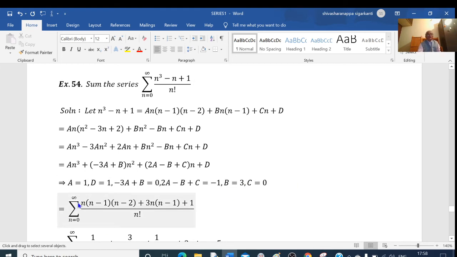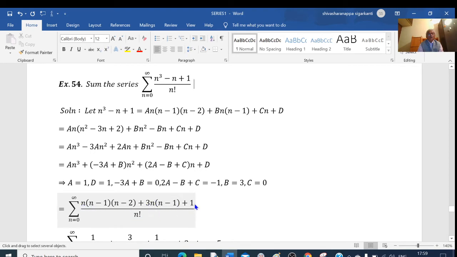So a equals 1 into (n minus 1)(n minus 2), plus b is 3 into (n minus 1), plus c equal to 0, plus d is equal to 1. Now we take the separate denominators, each divided by n factorial.